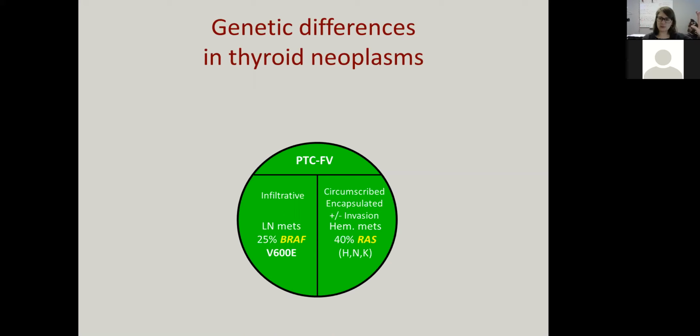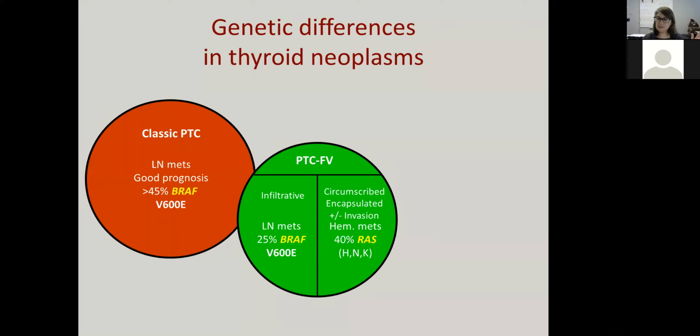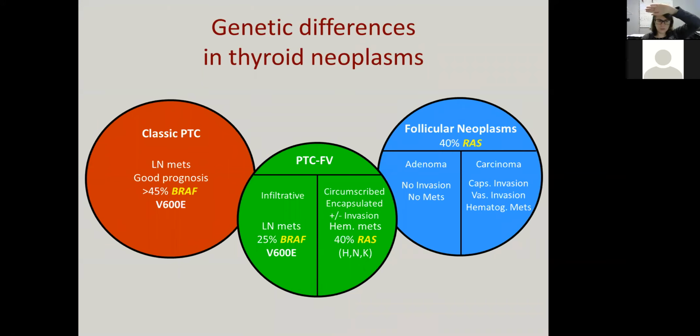Where the infiltrative carcinomas had the BRAF V600E and the lymph node metastases, and the encapsulated non-invasive carcinomas had RAS mutations and really only had metastasis if they had vascular or capsular invasion. This is very similar to our classic concepts of classic PTC and classic follicular neoplasms, i.e. adenoma carcinoma. Okay, so we're beginning to sort these things back out genetically as opposed to lumping them from their nuclei.